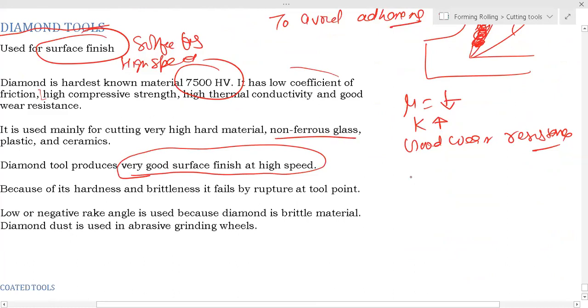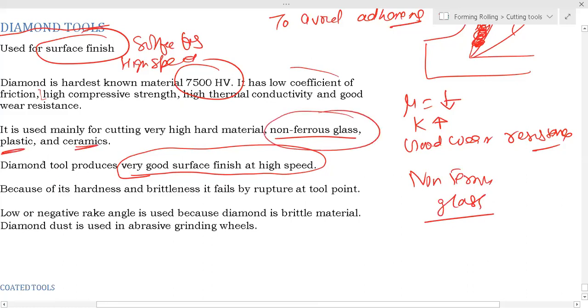It is used for non-ferrous materials like glass, which we cut at high speed, plastic, and ceramics. It gives very good surface finish at high speed.